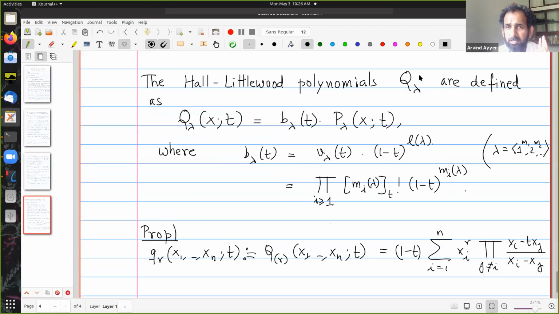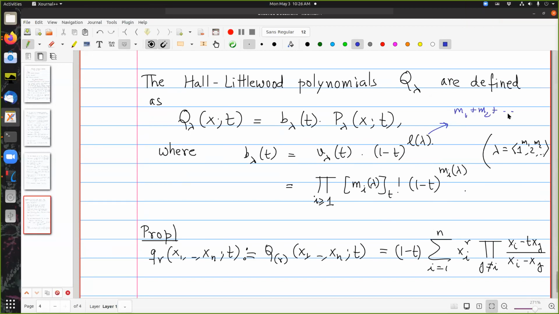That is sacrosanct, and you can't mess it up. Okay, so this is m_1 plus m_2. You cannot have m_0 here, even if n is larger.